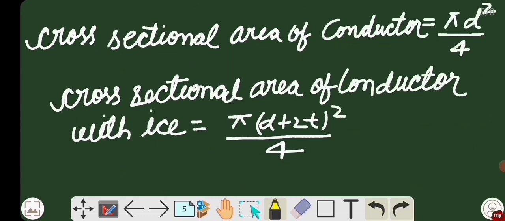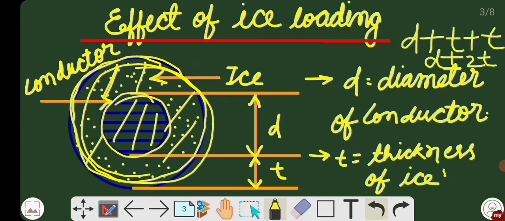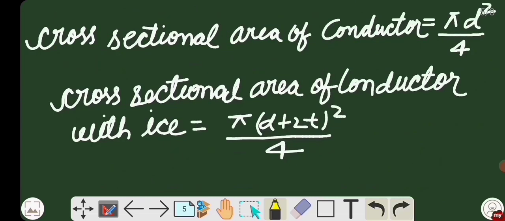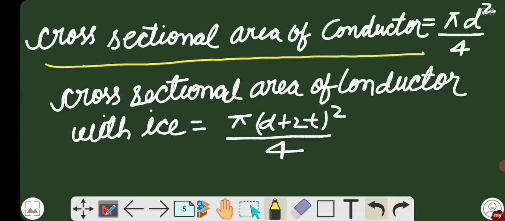Now as you can see in the figure, the cross sectional area of the wire is in circular form, and we know that the area of circle is pi r square. So the area of cross section of conductor will be pi into (d by 2) whole square, that is pi d square by 4.